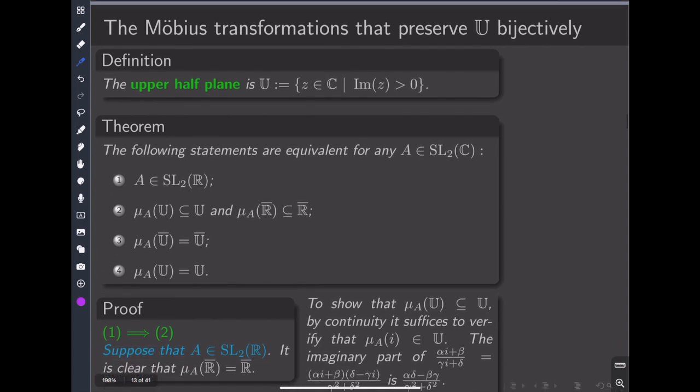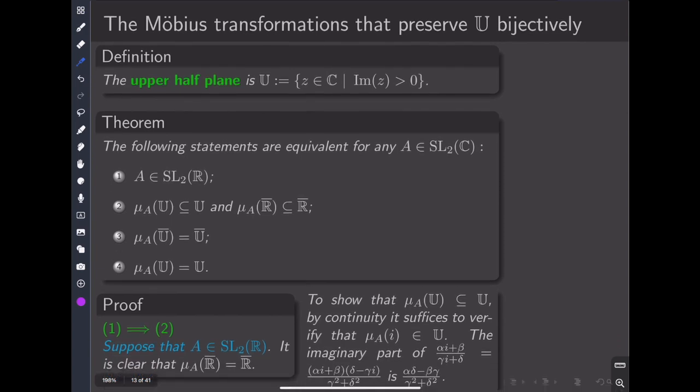Okay, so finally, the definition of the upper half plane, as I already said, is the set consisting of the complex numbers with a positive imaginary part. For the moment, I take it still with the analytic topology, the usual topology.